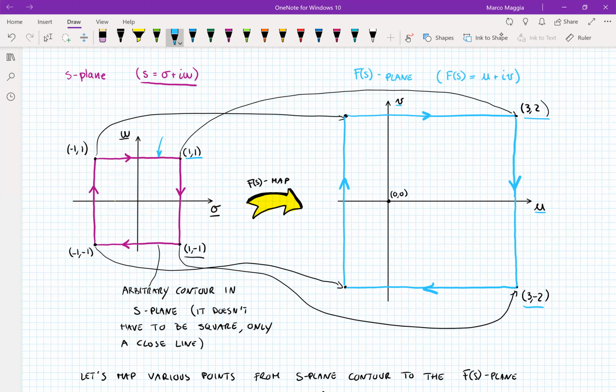Then you're going to find a different contour. So if we had chosen an initial contour as a wiggly line like this, as long as it's close, we would have probably found another wiggly line in the f of s complex plane.